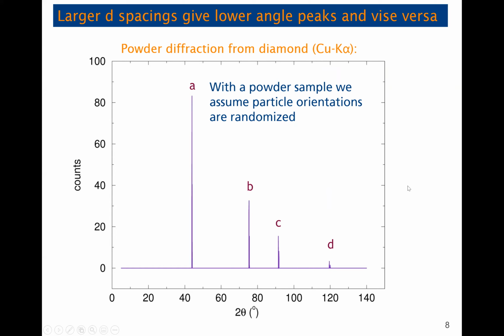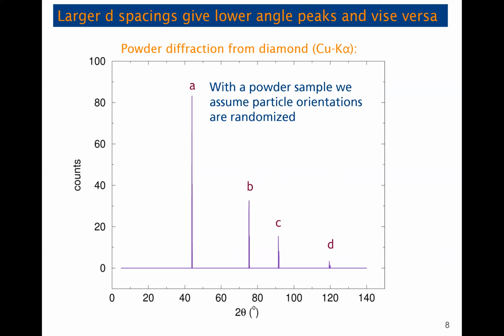In a powder diffraction sample, this is one thing that is distinct from a single crystal experiment. In a powder sample, we're assuming that we have all of these little particles of the same type of crystal, but they're randomly oriented with respect to each other.